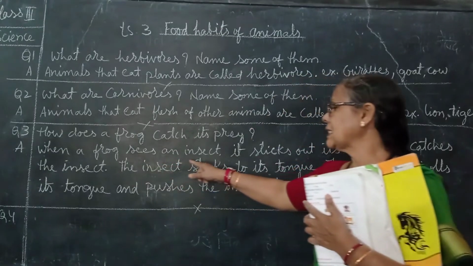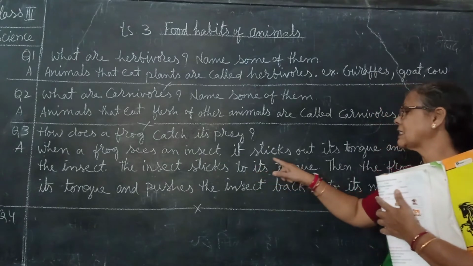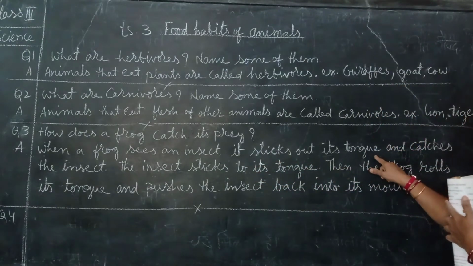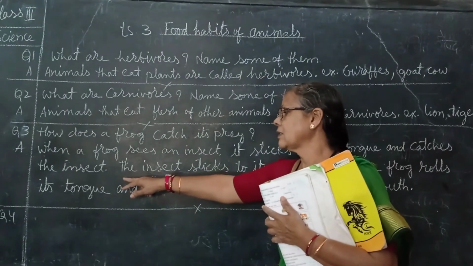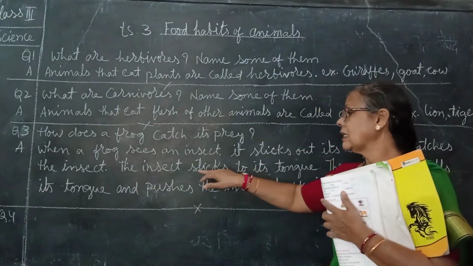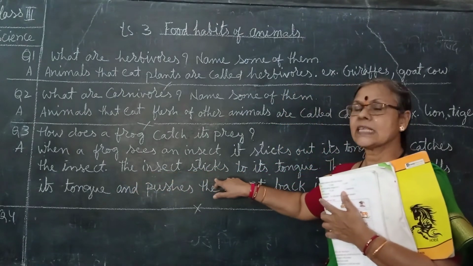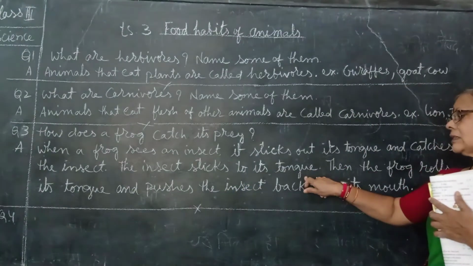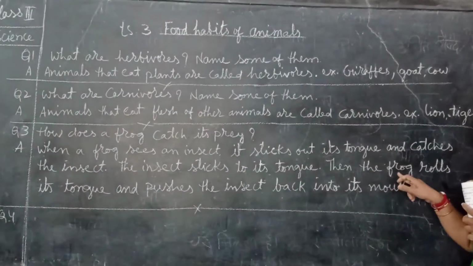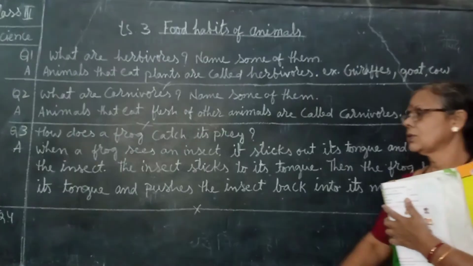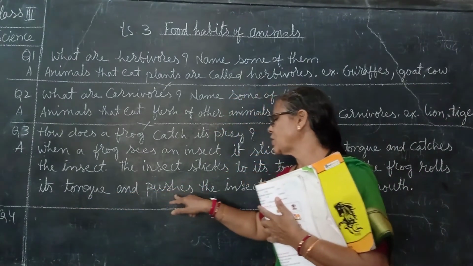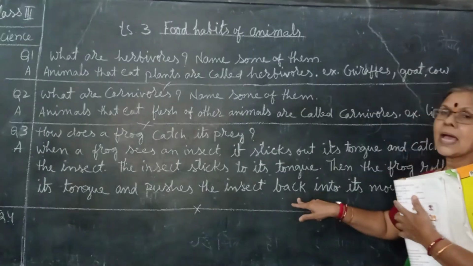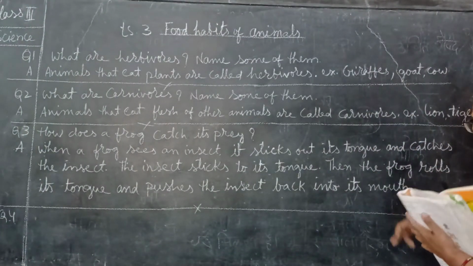When a frog sees an insect, it sticks out its tongue and catches the insect. The insect sticks to its tongue, then the frog rolls its tongue and pushes the insect back into its mouth.